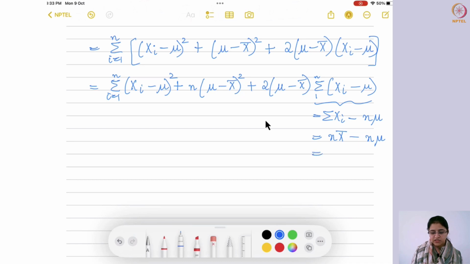And I can take n outside. This basically leaves us with x bar minus mu. Or you can take a minus and write it as mu minus x bar. So I can write minus of this n times mu minus x bar, because here also we have mu minus x bar.